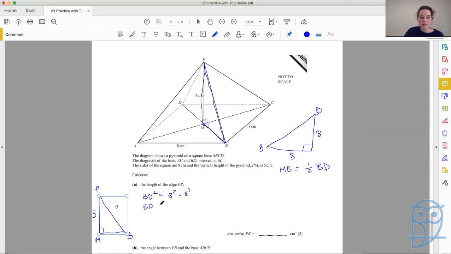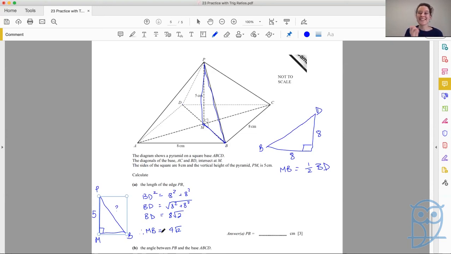So BD is going to equal the square root of 8 squared plus 8 squared, 64 plus 64. So BD is going to equal 8 root 2, and MB is going to equal half of that, so 4 root 2.